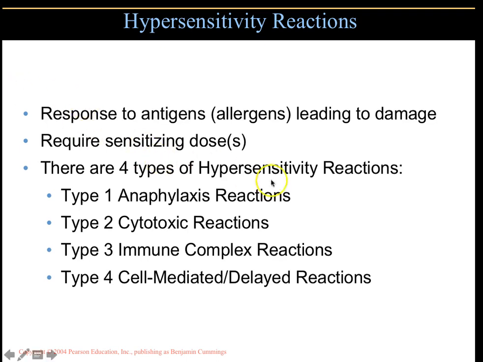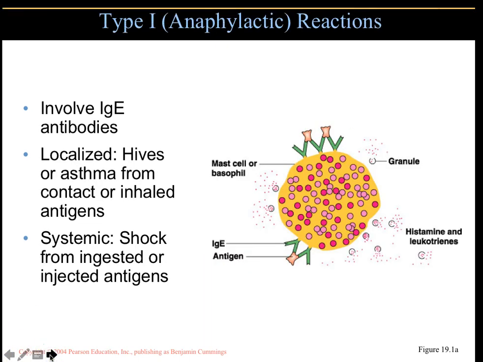Okay, so there are 4 types of hypersensitivity reactions. Type 1, anaphylaxis. Type 2, cytotoxic. Type 3, immune complex. And type 4, cell-mediated, also called delayed. All right, type 1. Type 1 is named after the most pronounced response to an allergen, which is anaphylactic shock, which, if not reversed quickly, can cause death.